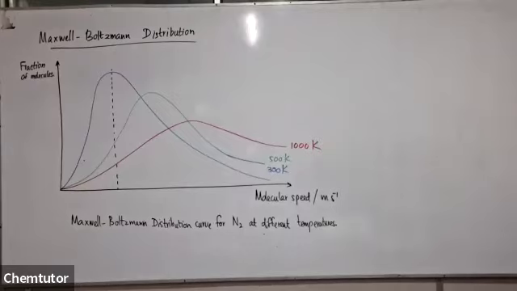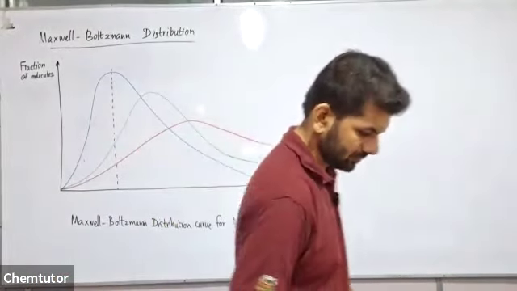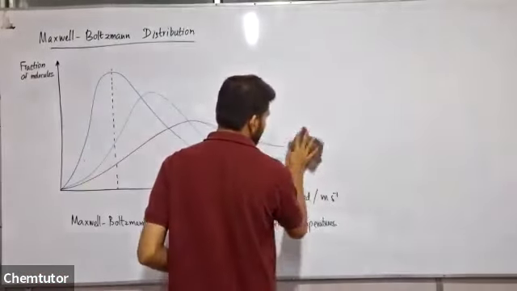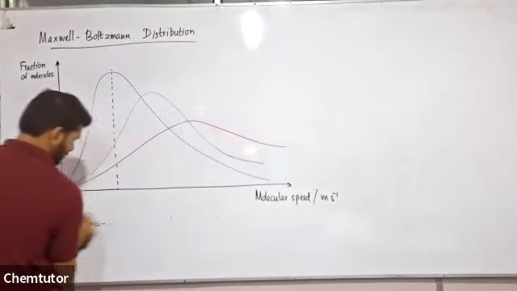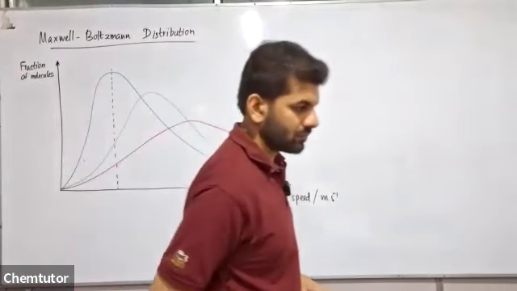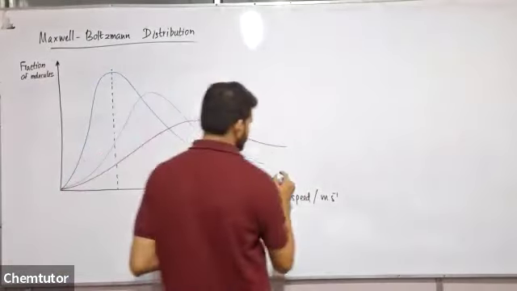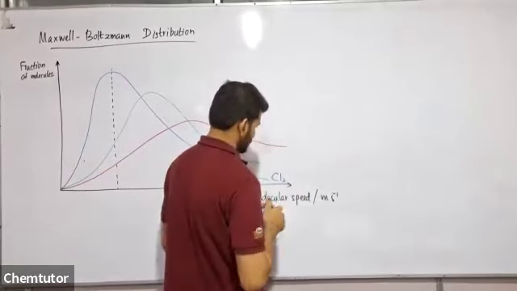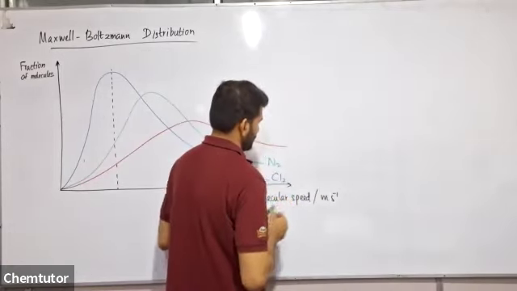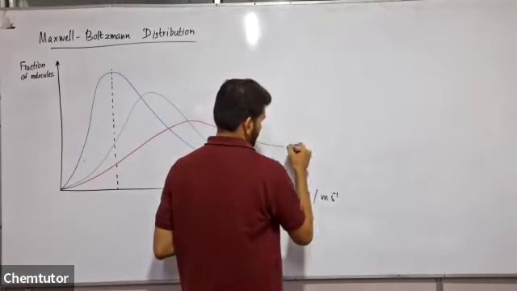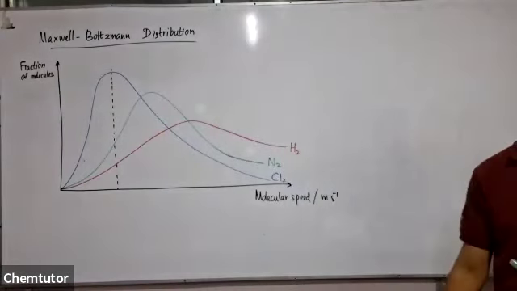Right, so it's like this. Like this. So once the molar mass is less, they are having higher speeds.